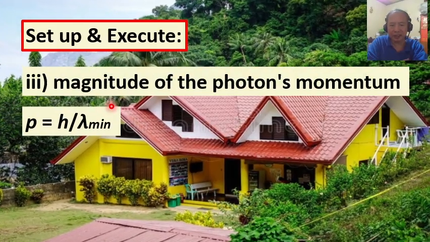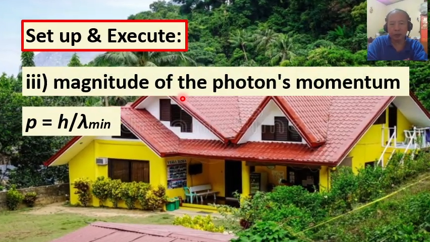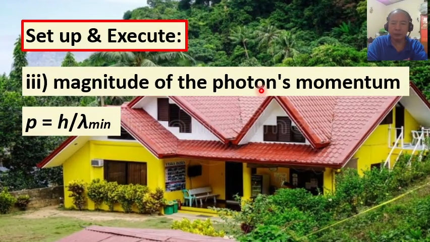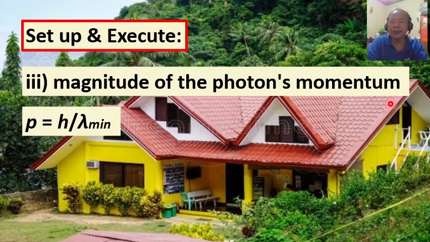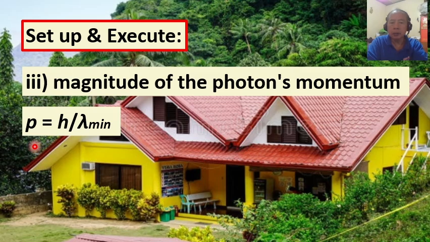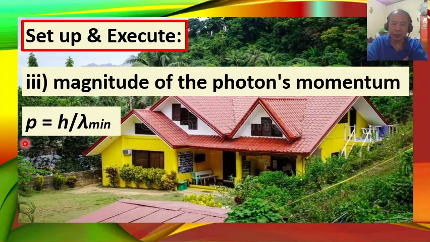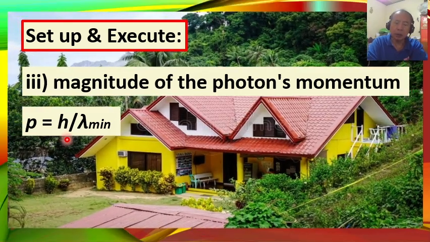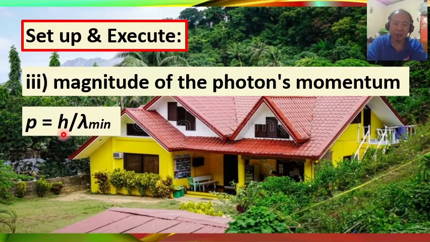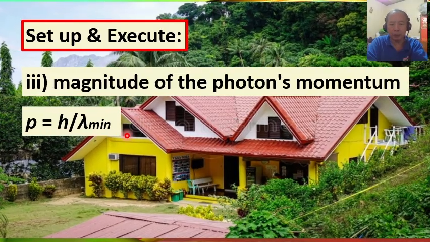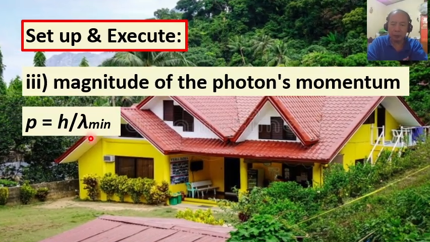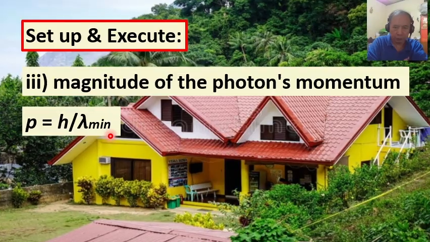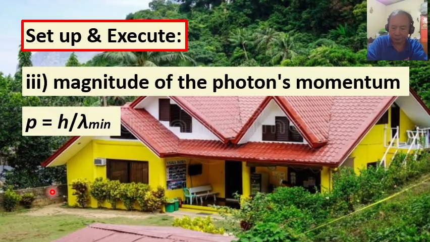And last but not the least, computing for the magnitude of the photon's momentum, denoted by small letter p, which is equal to the value of the Planck's constant h divided by the computed minimum wavelength of the emitted photon.